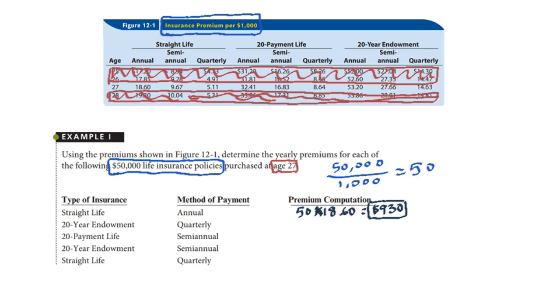So let's switch to this color. If we have $50,000, we have to take 50, multiply it by 1463, and then not only do we have to multiply 50 by 1463, the value we found on the chart, but since it's quarterly, we're going to have to multiply that by 4 because we're doing this 4 times a year. And that will give us an annual premium of $2,926.